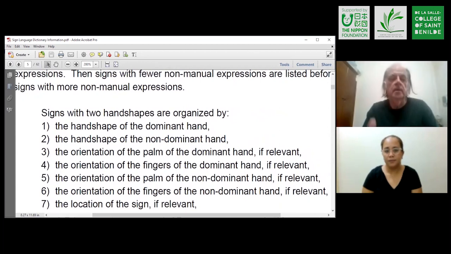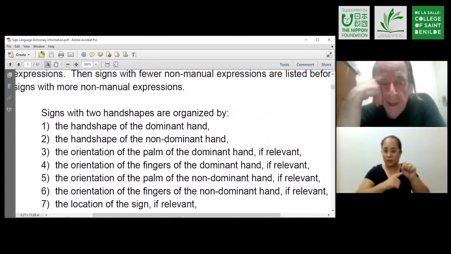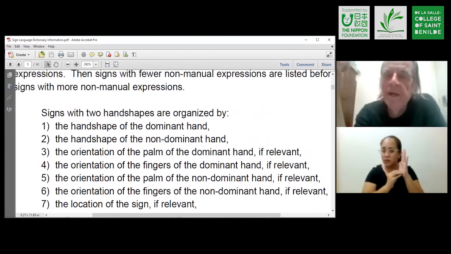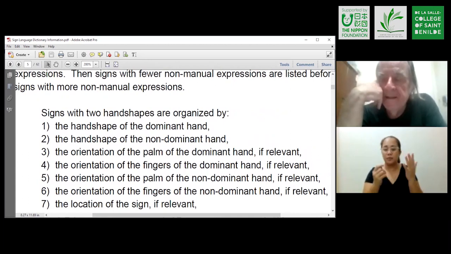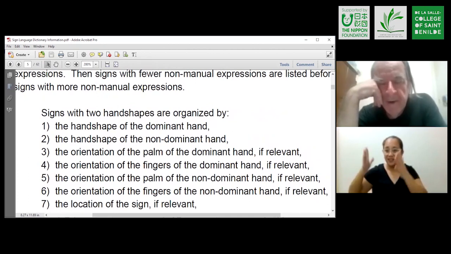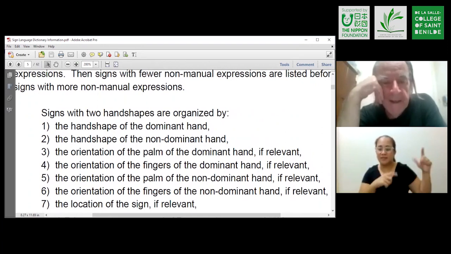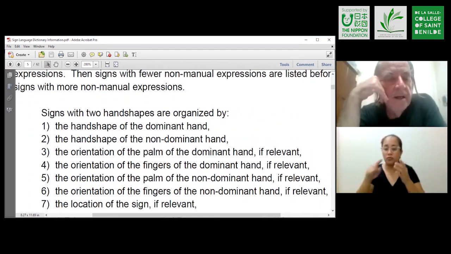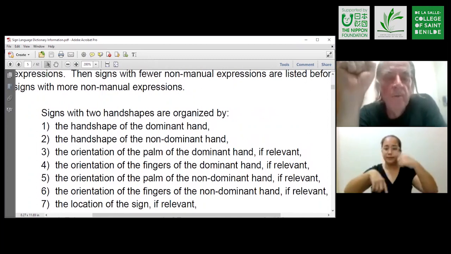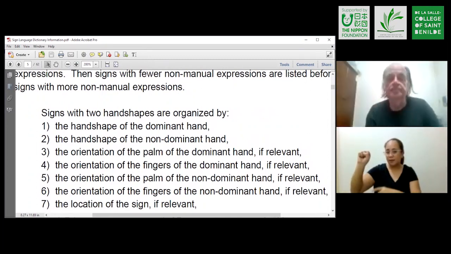Okay, again, with two-handed signs, we start with hand shape. But there are going to be two hand shapes. The hand shape of the dominant hand, which will be your right hand. Remember, we have to convert to right-handed signers. And the hand shape of the non-dominant hand. First of all, we look at all of the signs with the right hand having the same hand shape.